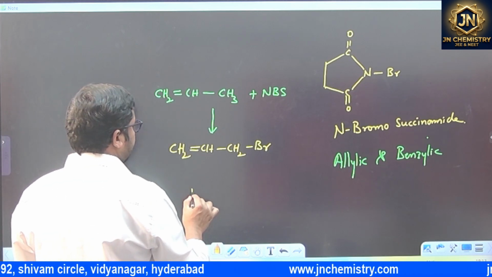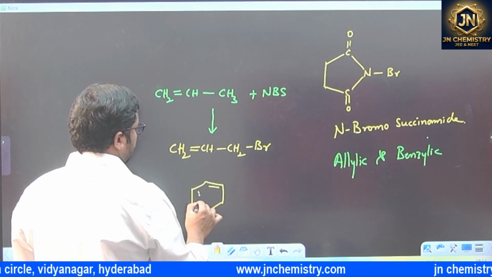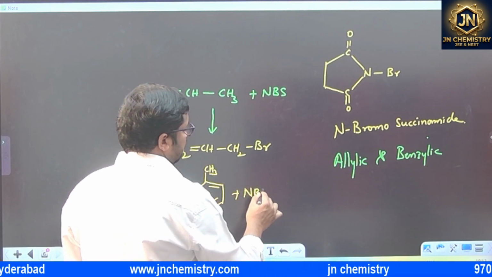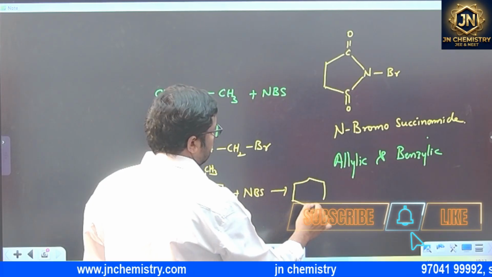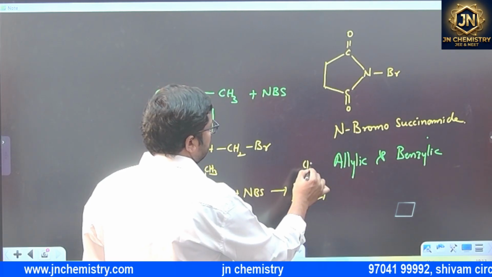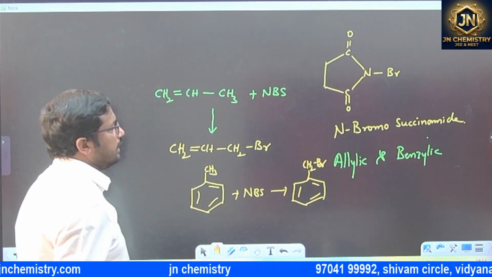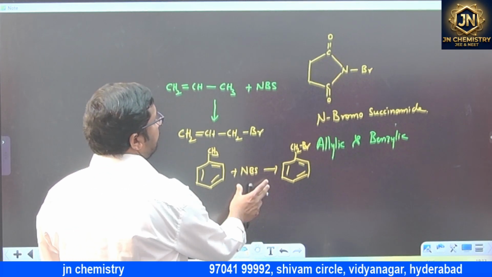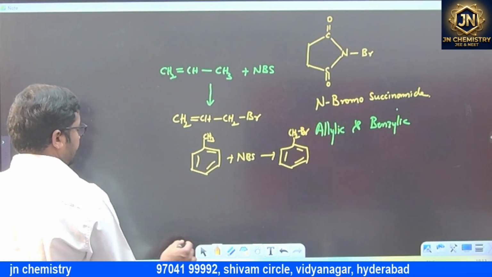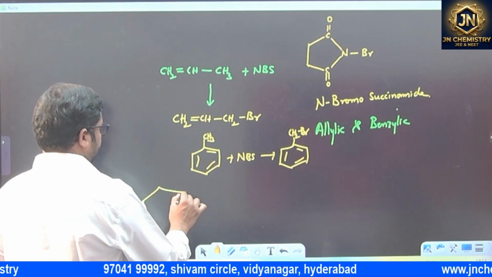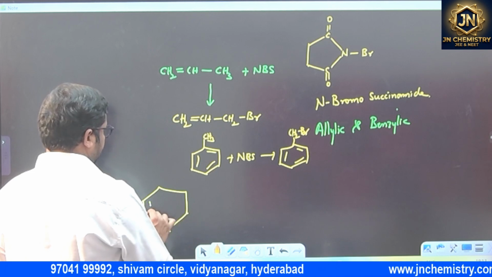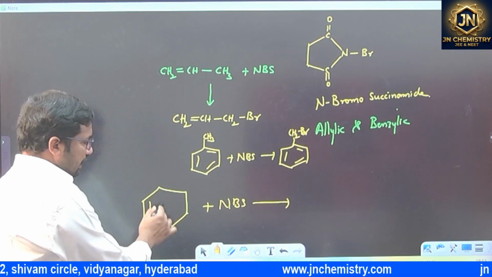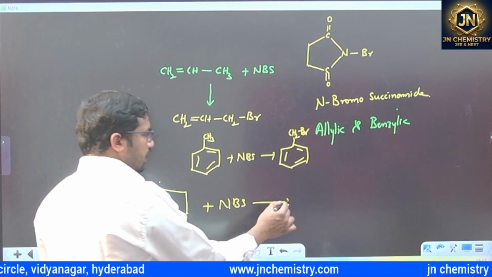For example, if you take benzyl, this is the benzylic position, with NBS at the benzylic position, this is happening. Write it out. Here, these are allylic positions, either here or here. Anywhere you can attack.